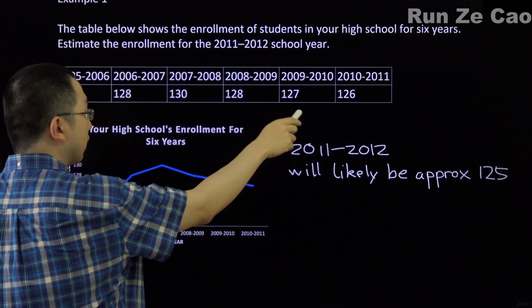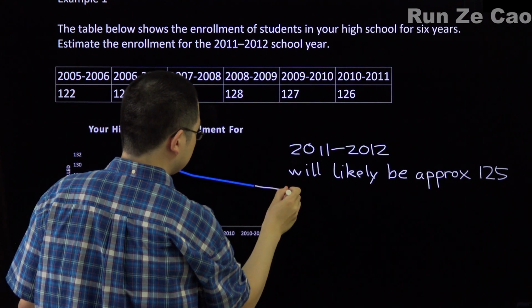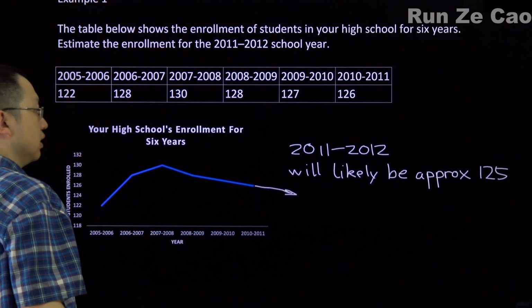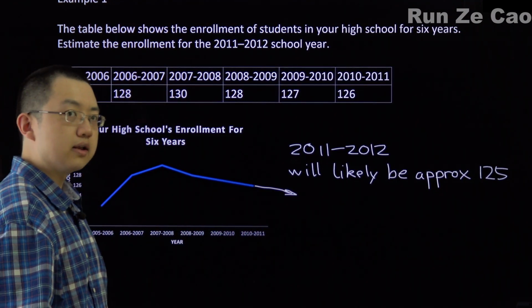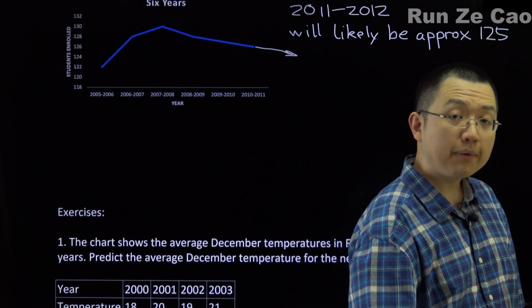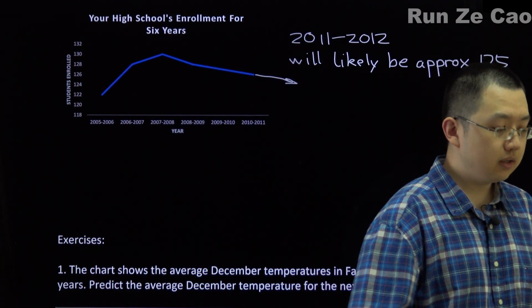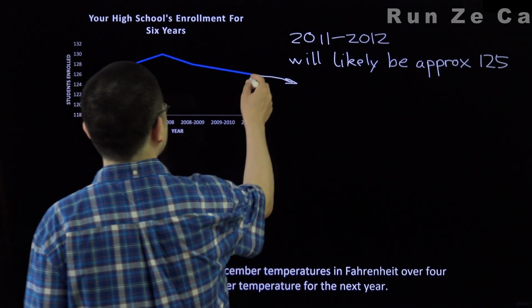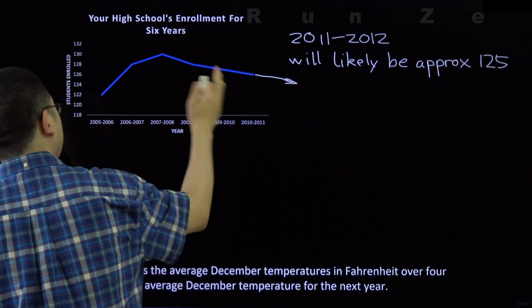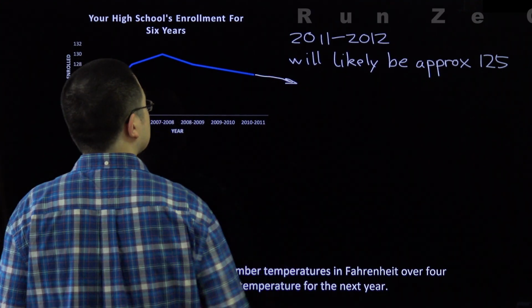Because 128, 127, 126, yeah, it's pretty clear that it's on a gentle downward trend. We call this extrapolation because you're going outside the domain of the data you have to make a prediction.